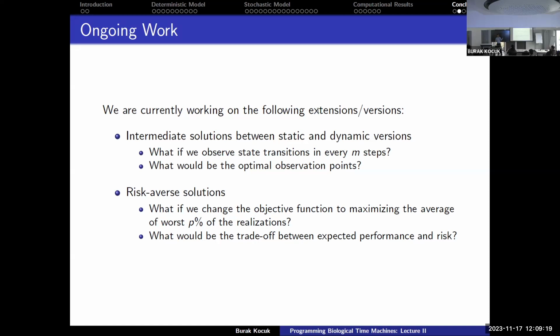Sometimes it might be 0, and sometimes it might be 100%, and then you take the average. So one way to get around it is to maximize the average of the worst outcomes. What we are doing is we are averaging 100% of the conditions. But maybe we should do, let's say, maximize.